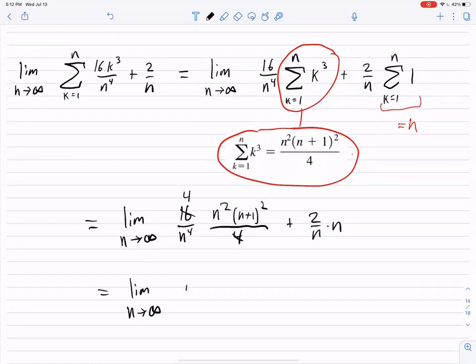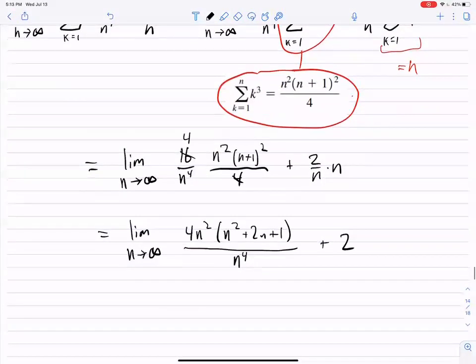So it'll be 4 and then n squared times n plus 1 squared. Maybe I should do it like this: 4 n squared times n squared plus 2n plus 1, all over n to the fourth, and then plus 2.